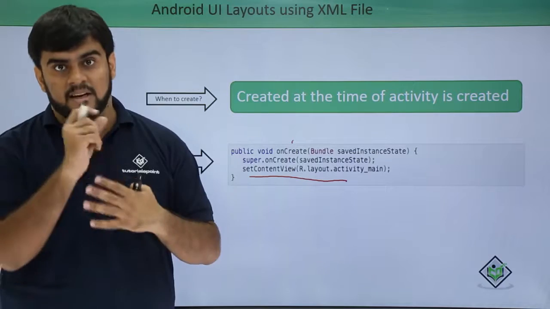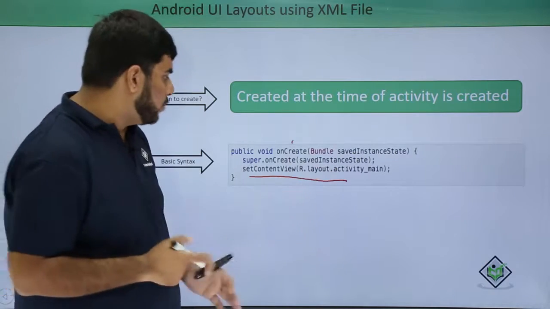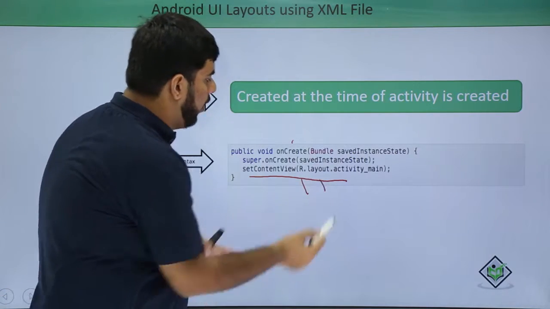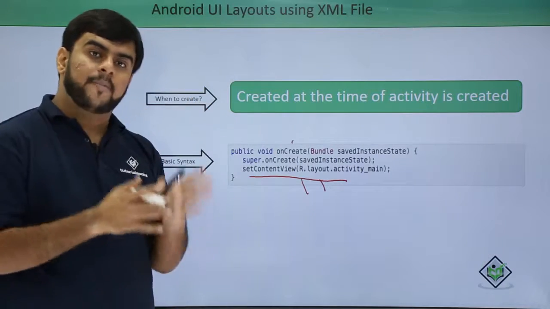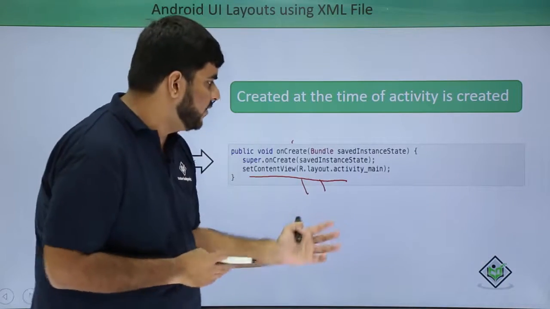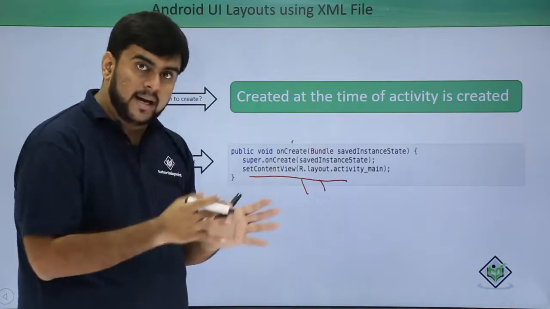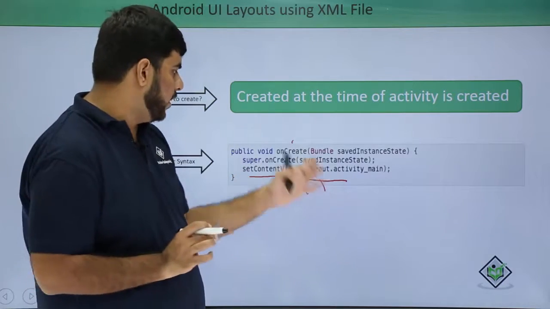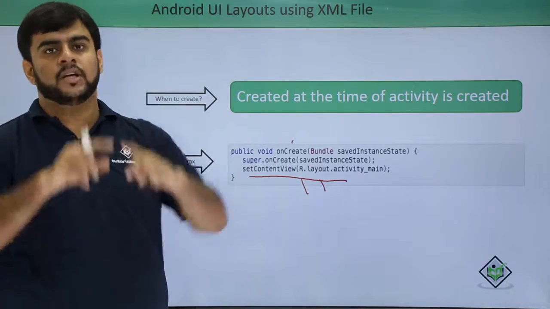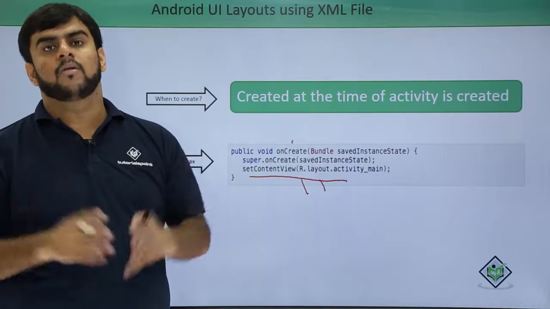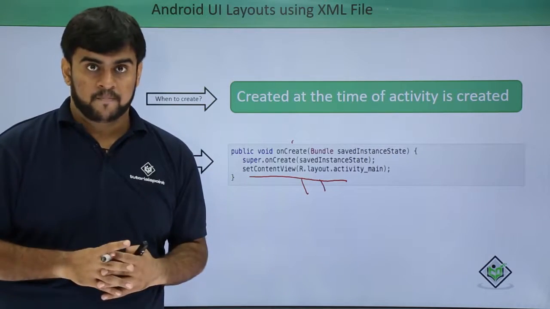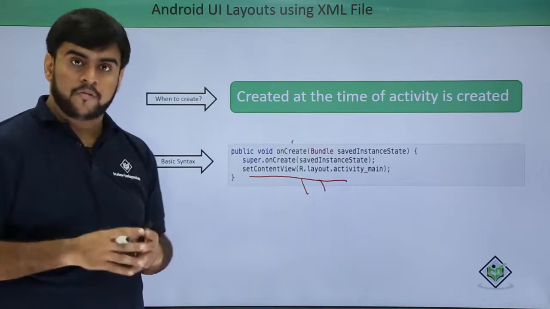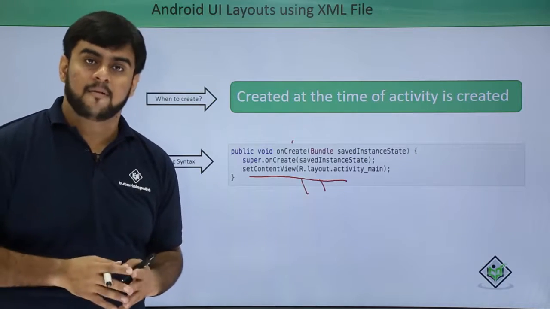The parameter is the integer resource ID. By resource ID, I mean R.layout, which means there's a layout present in the R.java file with this name. It is given an ID. That integer ID is fetched over here and passed into the function to create or load a particular UI for the user. So that was all about creation of UI from R using the XML file.